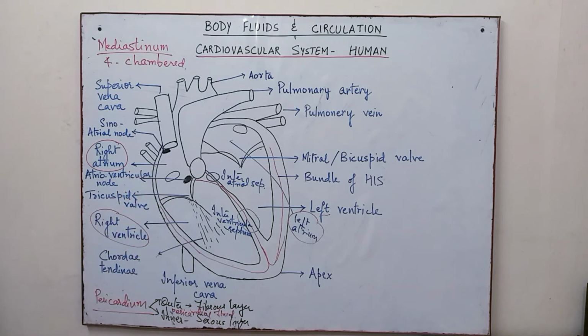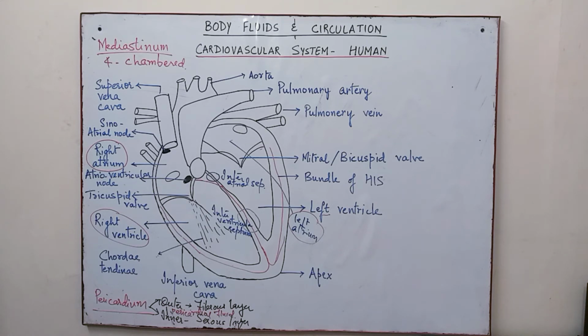The reason is the heart has to pump the blood from the ventricles to different parts of the body. So the muscles forming the ventricles are thicker and much stronger, and they also beat with much strength so as to pump blood through the aorta to different parts of the body.